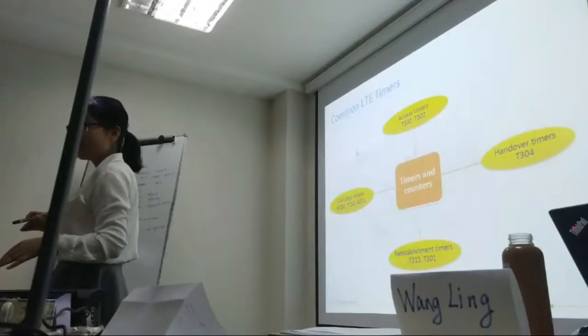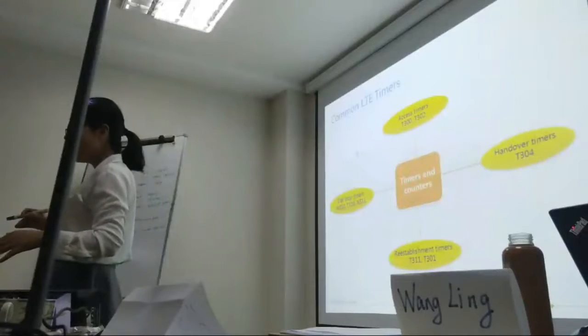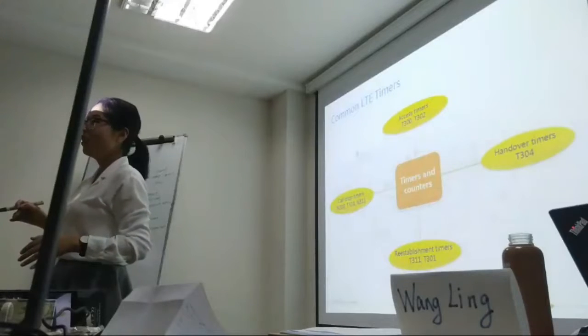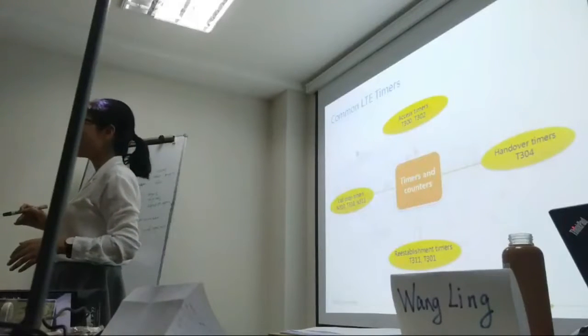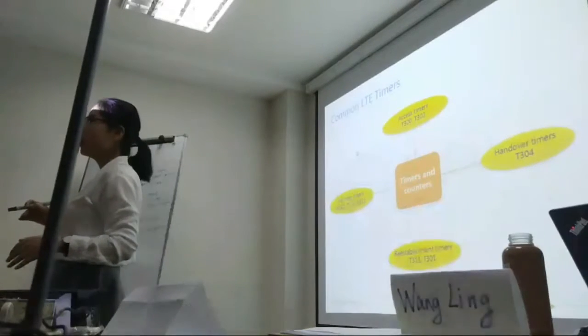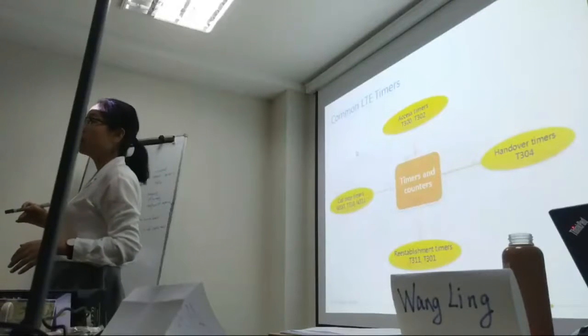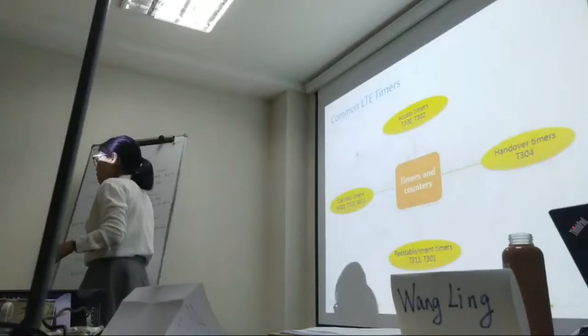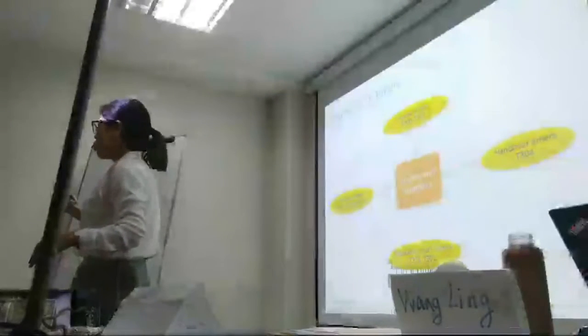Which one is better? Do you hope the UE generates a call drop easily? No. We don't hope so, because we will evaluate the call drops. The company has a KPI for call drops.